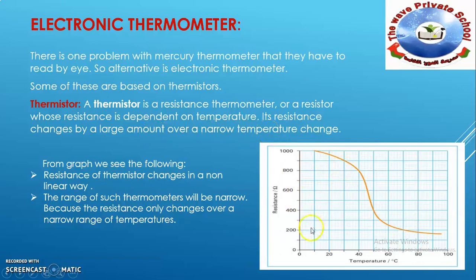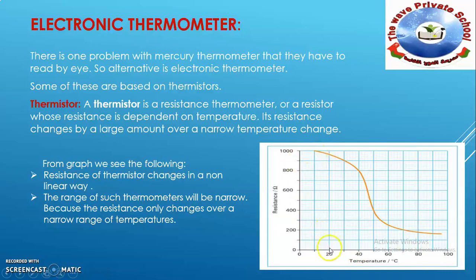As you can see here, the graph is between temperature and resistance. Temperature is on the x-axis and the resistance is on the y-axis. And we can see that there is a small change in temperature. If we see the difference between 20 and 40 degrees centigrade, then the difference in resistance is very large.